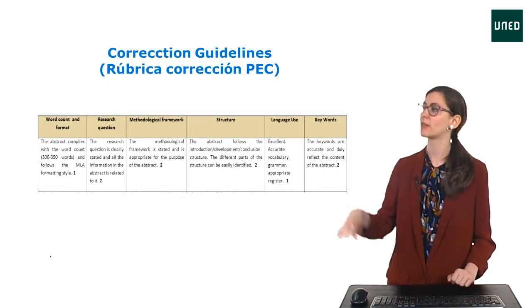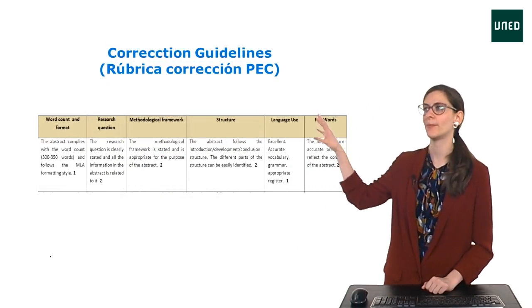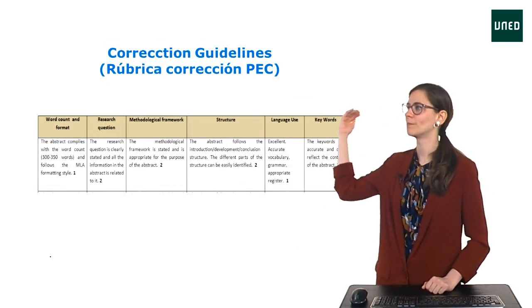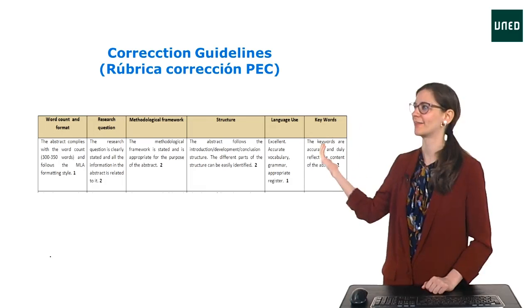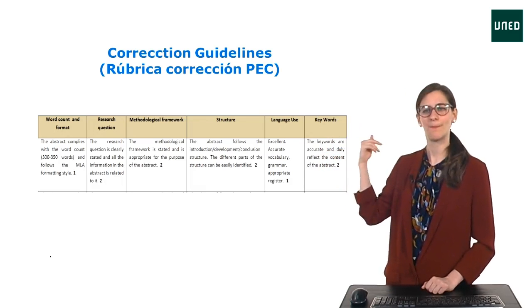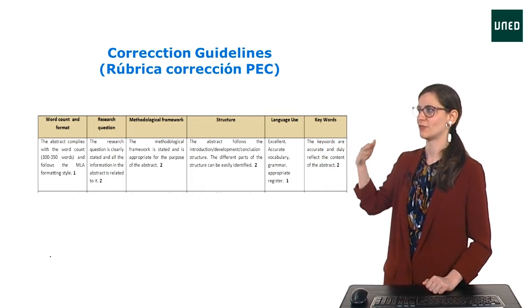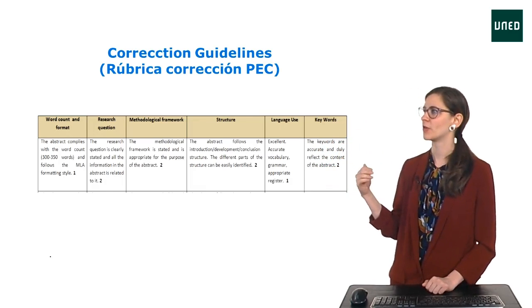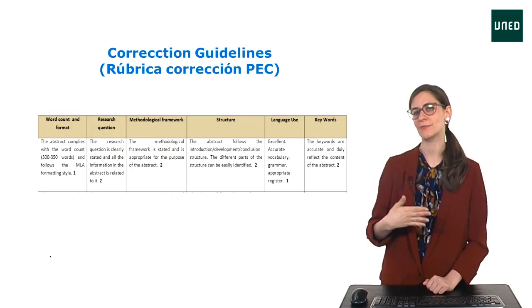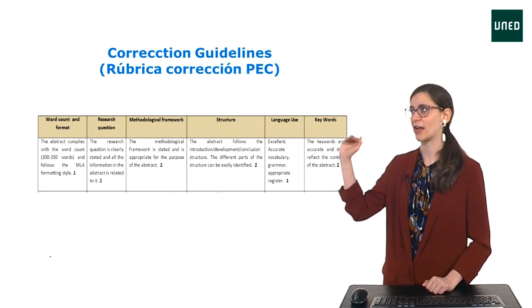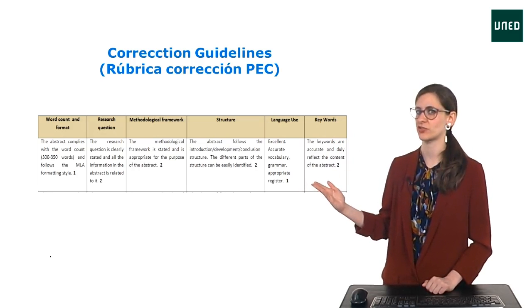Above all, you have a look at the top elements, because they describe the best characteristics that your abstract can have in order to achieve the highest mark, okay? So you have a look at this, you write your abstract, and then when you finish your abstract, you go back to it, and you use this to check whether you comply with these instructions or not.